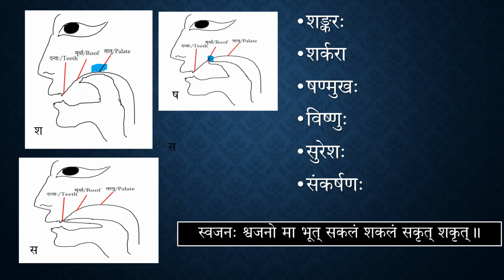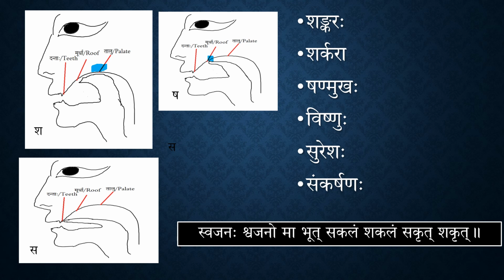That sha has to be properly pronounced there: Vishnuhu. And then sa, which is more obvious: Suresha, not Shuresha. And then Sankarshanaha.